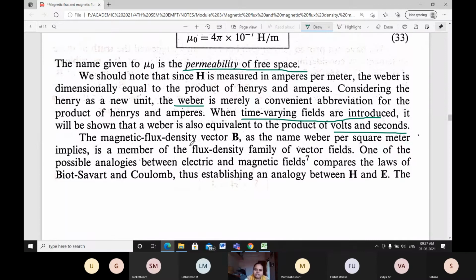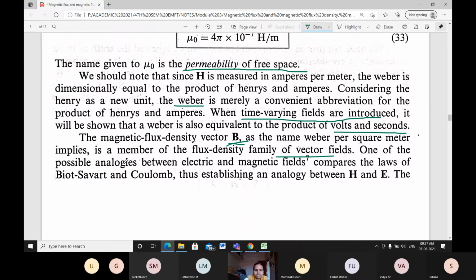Then the magnetic flux density is a vector, that is B. Observe here, whatever we are taking is mentioned in a bold letter, meaning it is a vector quantity, which you have to keep in mind. As the name Weber per meter square implies, it is a member of the flux density family of a vector field.